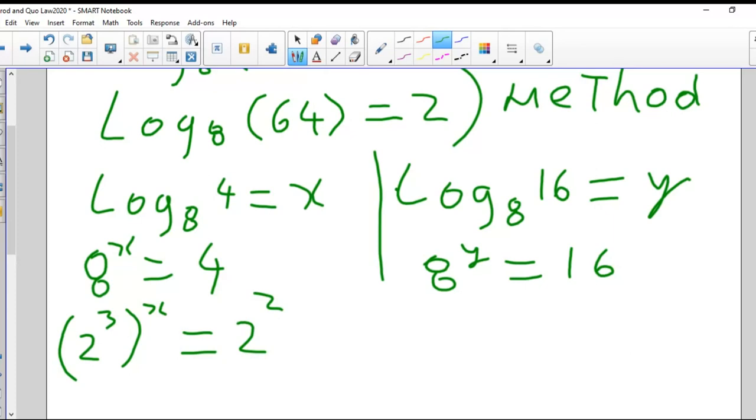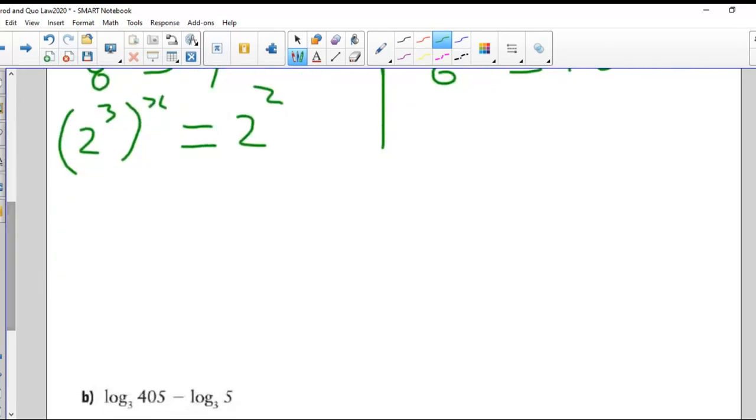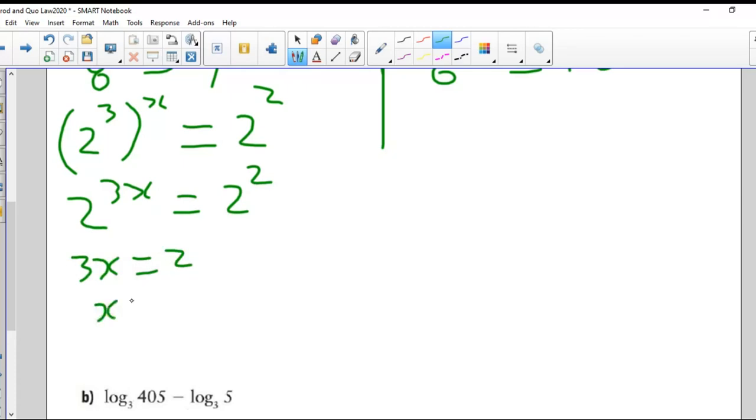Okay. Let's keep solving this. So this is 2 to the power of 3x is equal to 2 to the power of 2. And we know that the bases are the same, so 3x equals 2 and x is equal to 2 over 3.